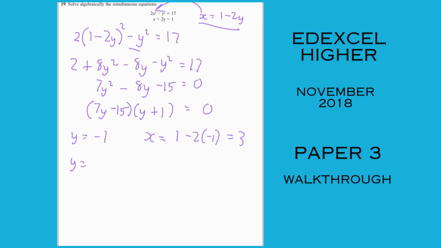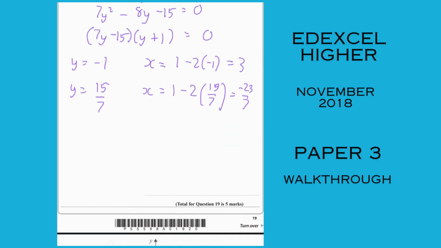And calcs at the ready for the next one. y equals positive 15 over 7. But follow the same process. x is 1 minus 2 lots of 15 sevenths. That's why you get your calcs out. We get minus 23 sevenths.